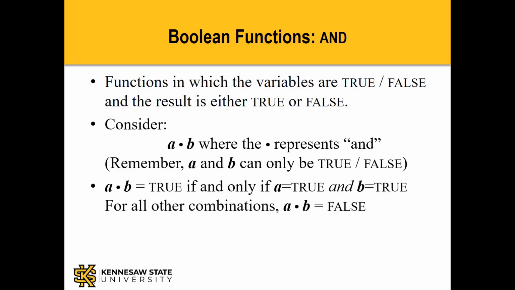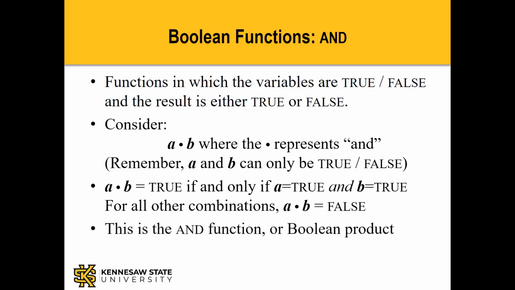A and B is true if and only if A is true and B is also true. For all other combinations, A and B is false. This is the AND function, or the Boolean product. That was a little bit complicated.